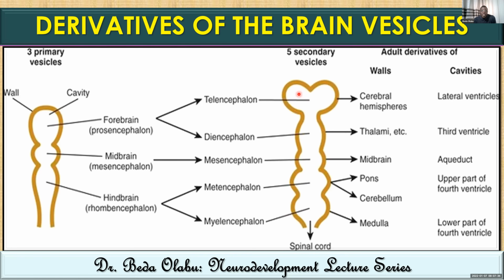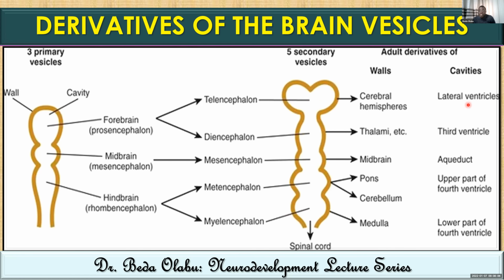Now let's see, what do these vesicles become? We'll start with telencephalon. Telencephalon gives rise to the cerebral hemisphere. Now, the wall of the telencephalon will give us the tissue of the cerebral hemisphere, while the cavity of telencephalon will give us the lateral ventricles.